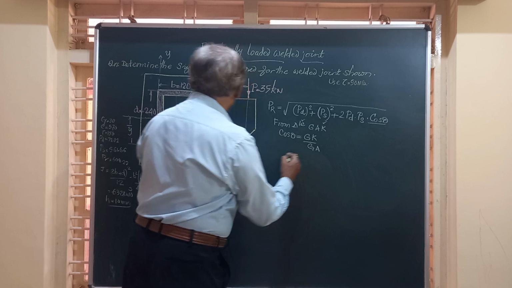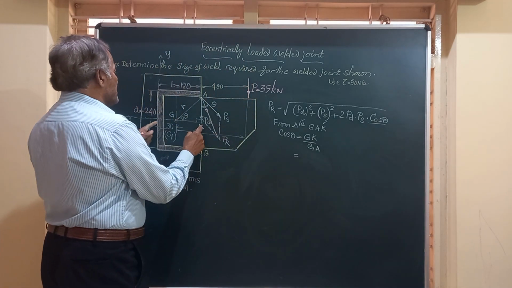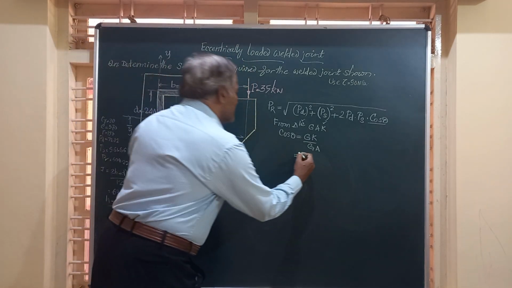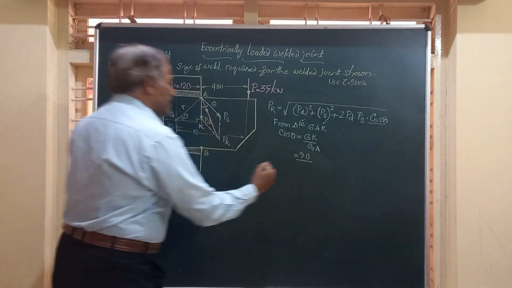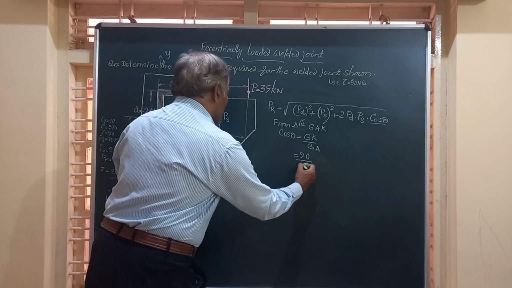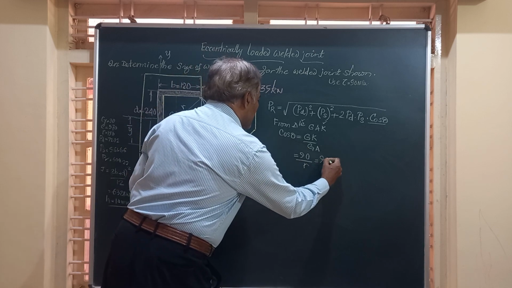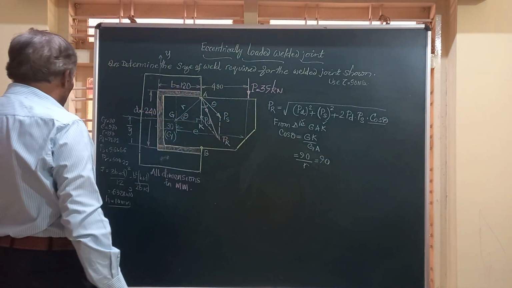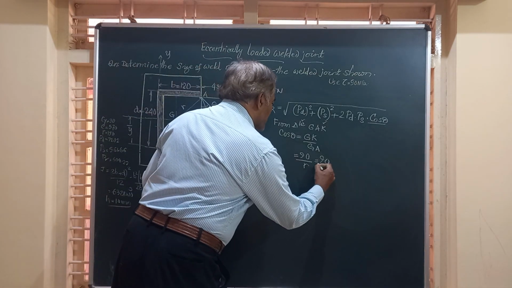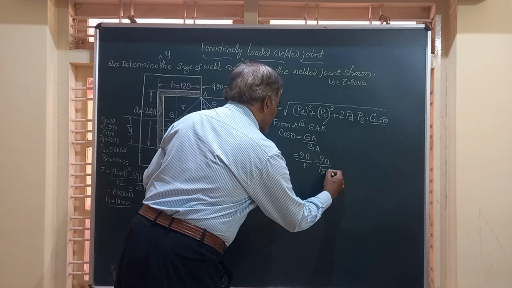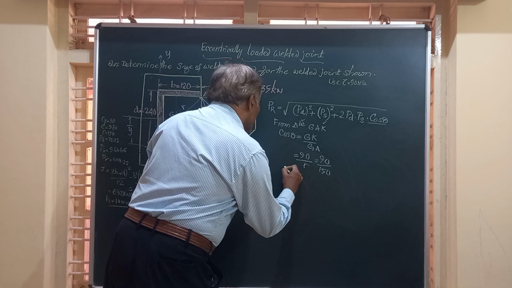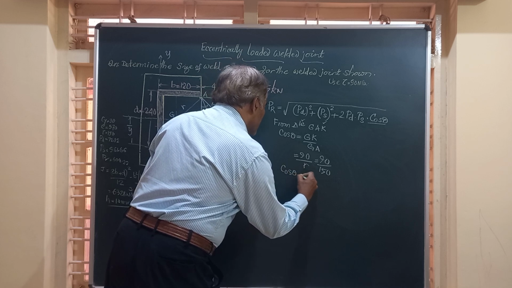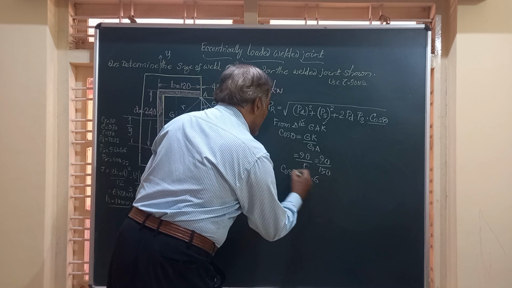What is GK? GK is 120 minus 30, that is 90 millimeter, divided by GA, that is the radius R, and the radius we have found out as 150. 90 divided by 150. Therefore cos theta, if you simplify, works out to 0.6.